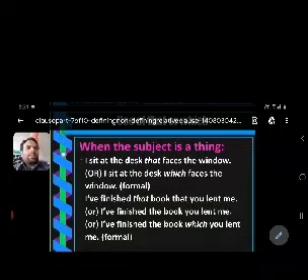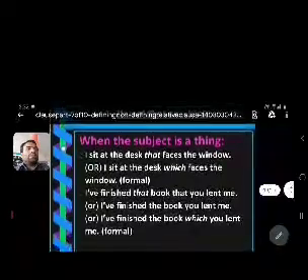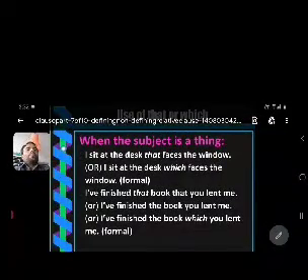I sit at the desk that faces the window. Or we can also write the sentence like, I sit at the desk which faces the window.